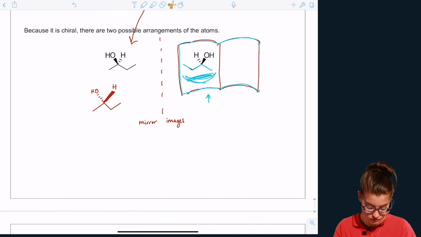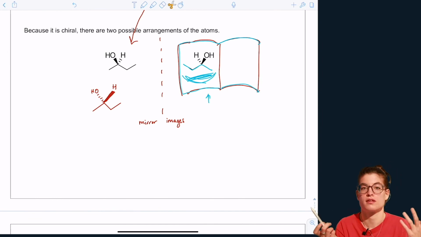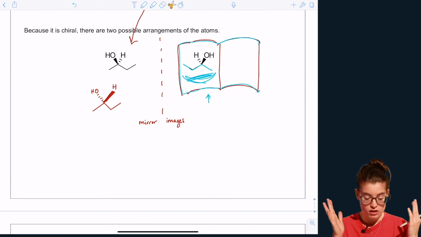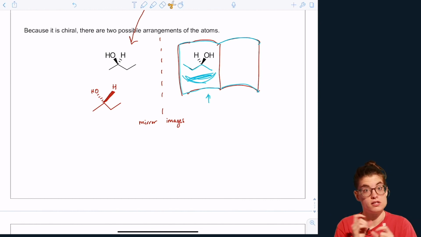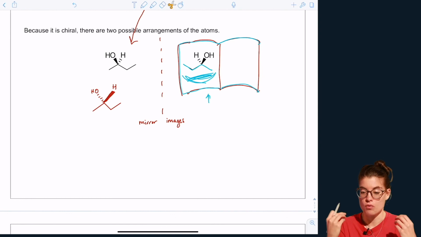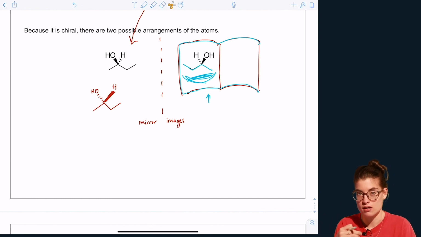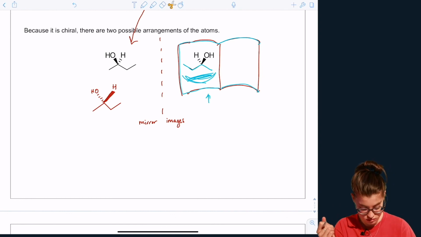That's what happens with chiral carbons. You can have a chiral carbon, and if you draw its mirror image, they will not be superimposable. Because they can't occupy the same space, they are not identical, and therefore we need a way of distinguishing these two compounds.